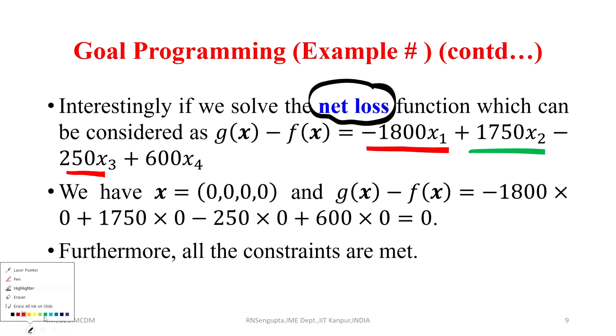And finally, the fourth value rather than negative being positive. So, if you consider that also in any combination, the values would come out to be 0, because the moment you produce, it will basically be a loss, and furthermore all the constraints are met.